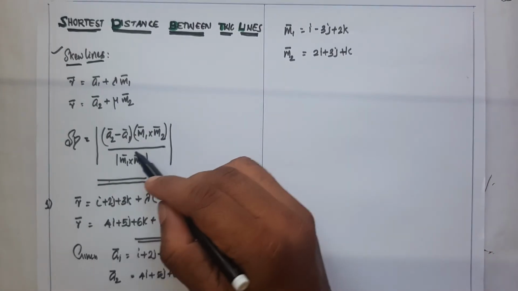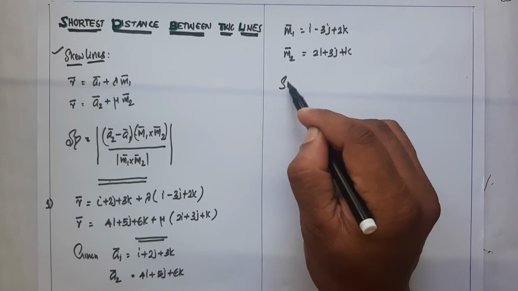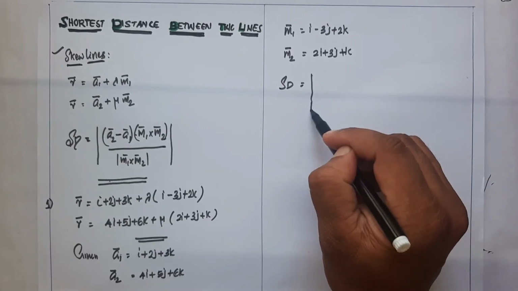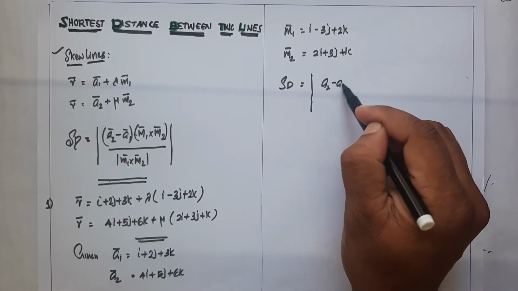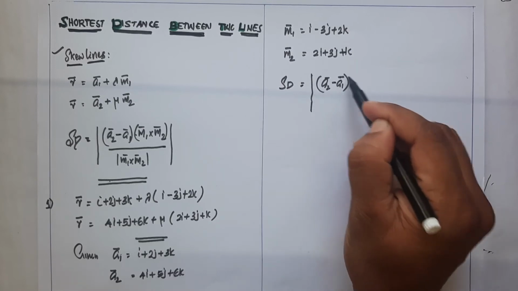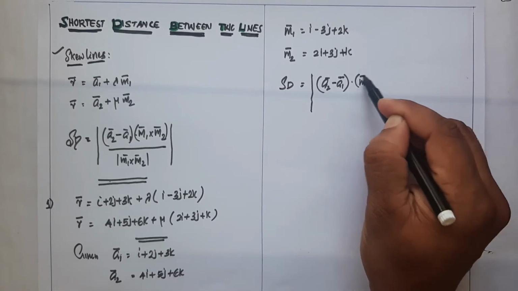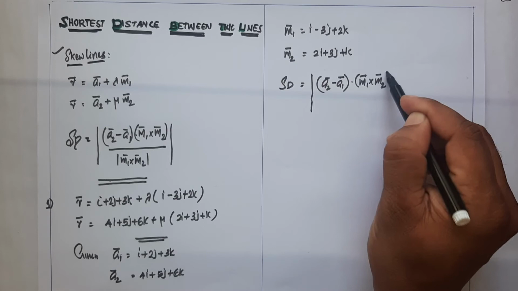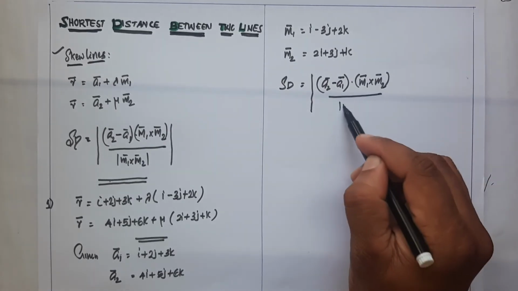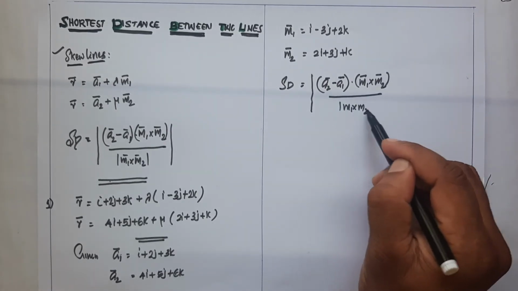Now our formula SD is equal to modulus of a2 minus a1 dot m1 cross m2 the whole divided by modulus of m1 cross m2.